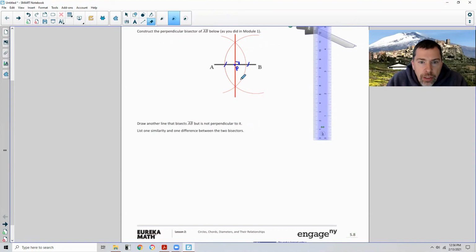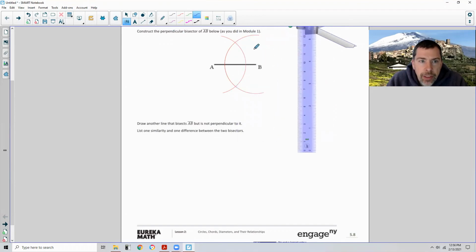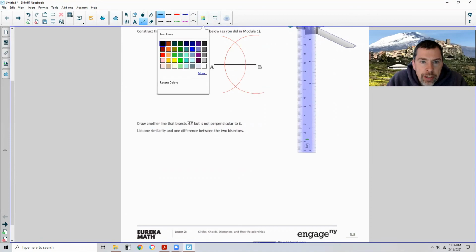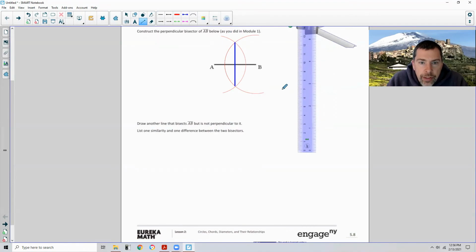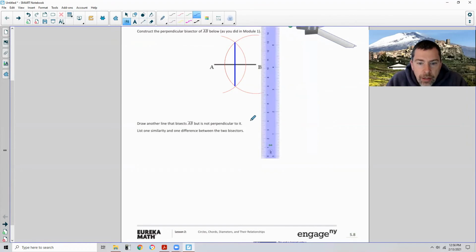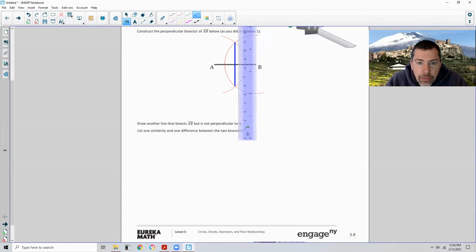Okay, so let me erase all of this here. Actually, I didn't want to erase that segment. So let me just put it back this way so it doesn't erase when I use my eraser. So if I go from here down to there, there is a perpendicular bisector. Now it says to construct another bisector, but that is not perpendicular.